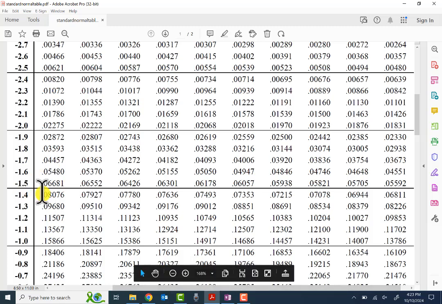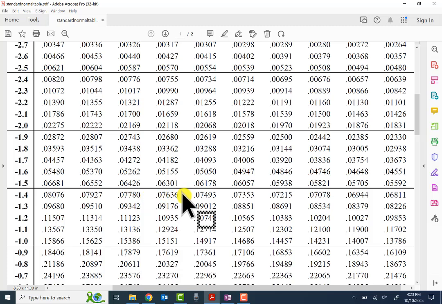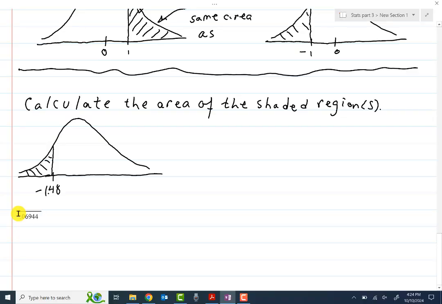I have -1.40, 1, 2, 3, 4, 5, 6, 7, 8. So 0.06944. I wonder if it'll let me copy that there. And there we go. That's the area of the shaded region.